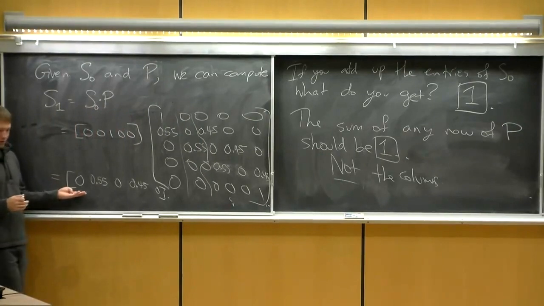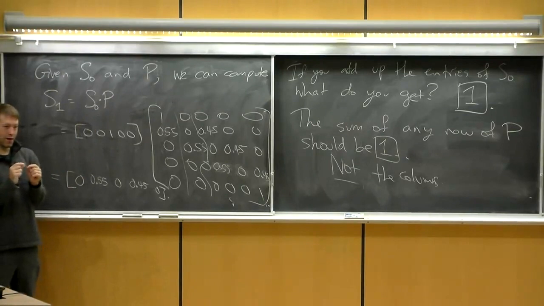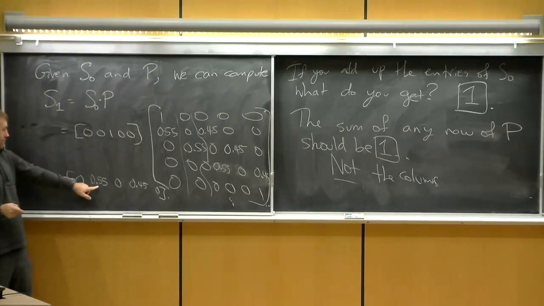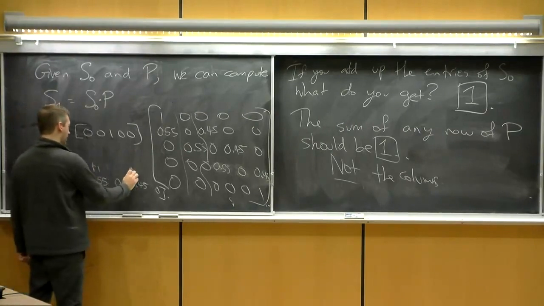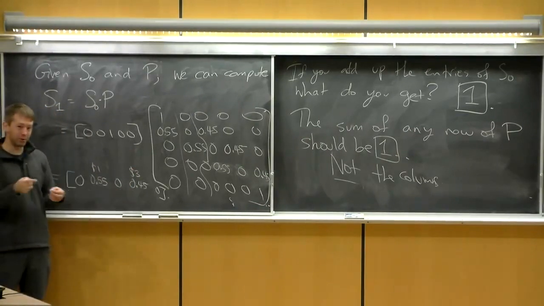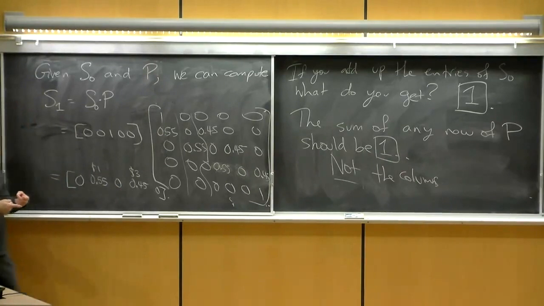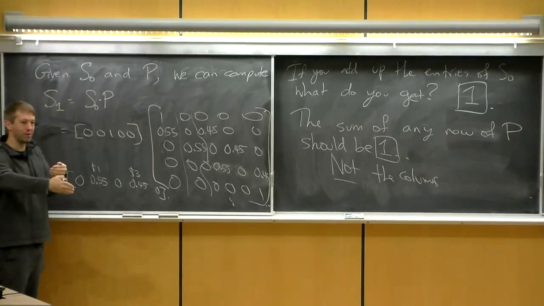But basically what I want you to see is what this operation does: we started with the initial state, which was $2, and when we multiply by the matrix, it gives us 0.55 on $1 and 0.45 on $3, which is the same as the probability of getting $1 or $3 after one step of the process. Okay, and that's generally how this works. Multiplying by the transition matrix moves you forward one step in the process.